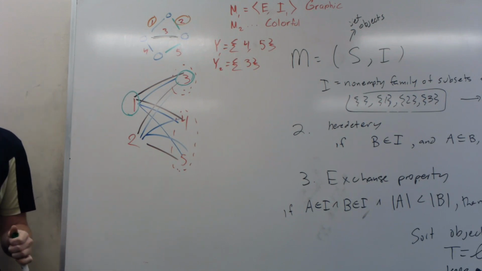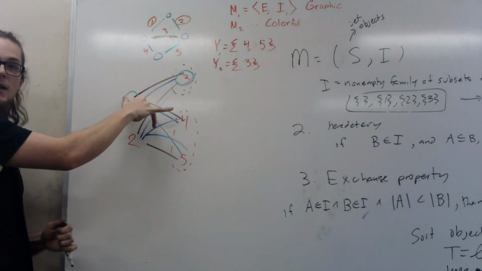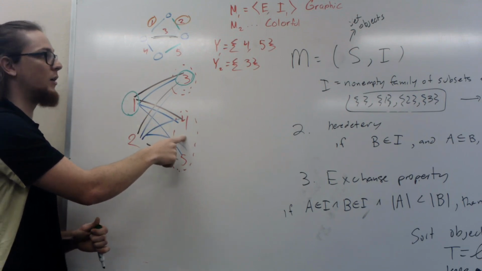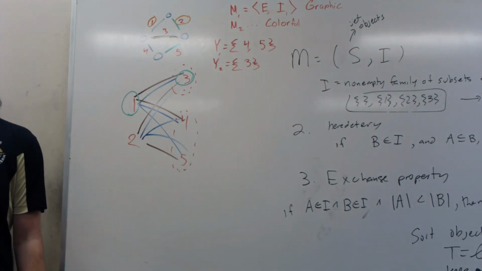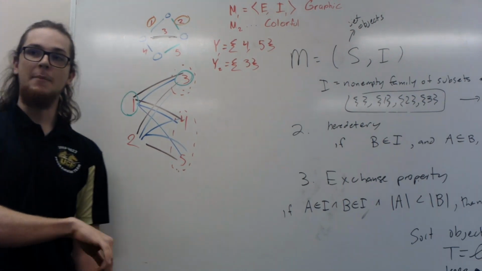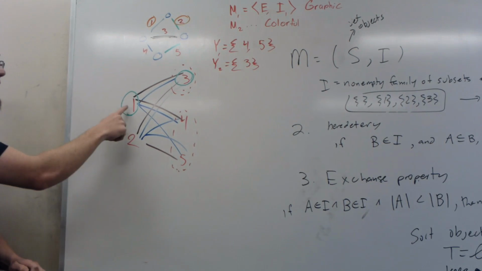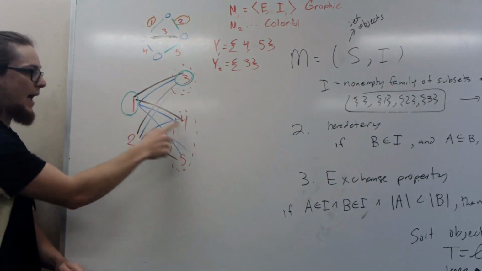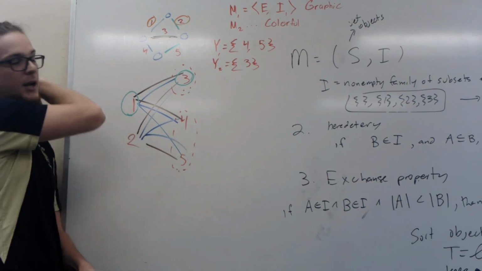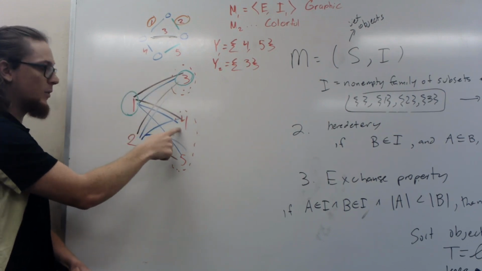Or M1 is still happy. If we find an edge that goes into an element of Y1, then we know that M1 will still be happy. So let's use a brown edge, which means that M2 will still be happy after this exchange. But we've already deleted 1, so we can add this for free, because this guy's already gone. 3 kicked him out.